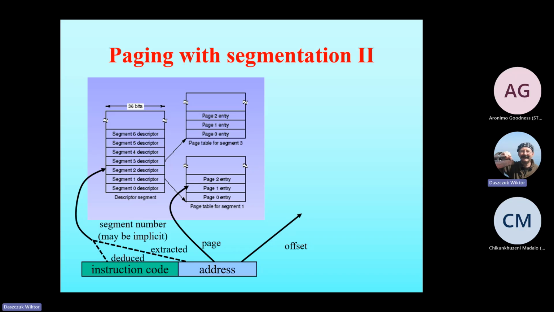It is different in Intel. We have no segment number in the address. The segment number is guessed by the processor. We have 6 segment registers in Intel.